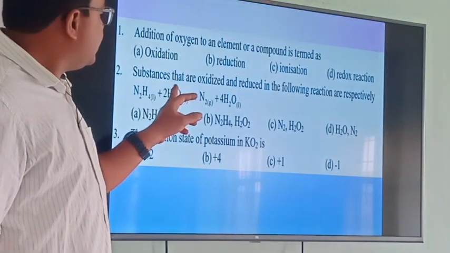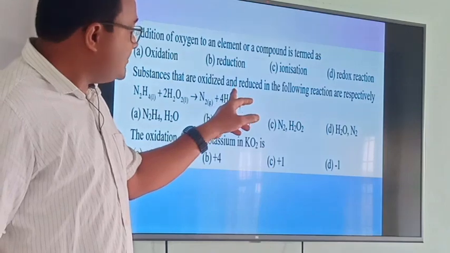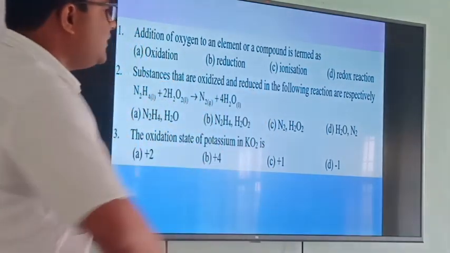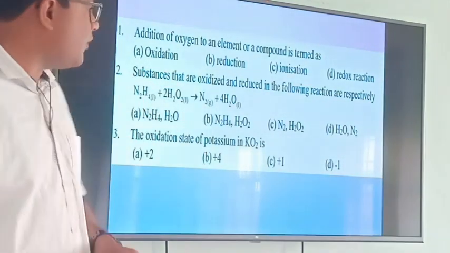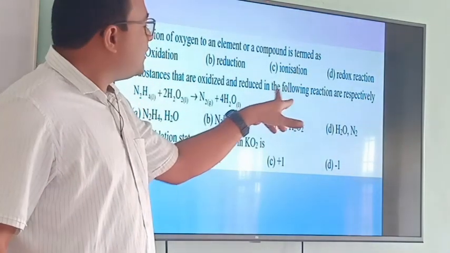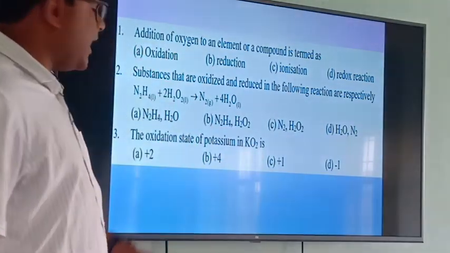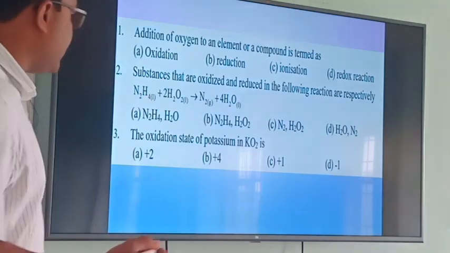Substances that are oxidized and reduced. Be careful, this is oxidized as well as reduced. First is oxidation, then is reduction, in the former reactions respectively. Let's write down the reaction.